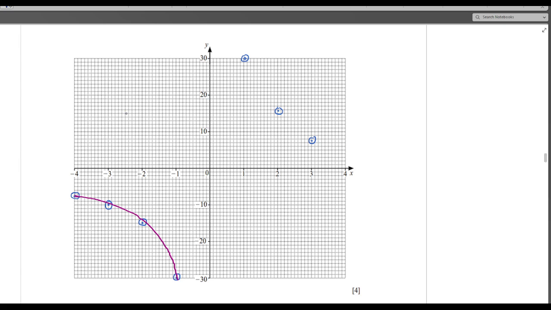For 3 the value is 10, so 10 is here. And for 4 the value is 7.5, so 1, 2, 3, 4, 5, 6, 7.5 is here. Okay, these are the points. So here again I will draw a smooth curve passing through all these points. So this is your curve.